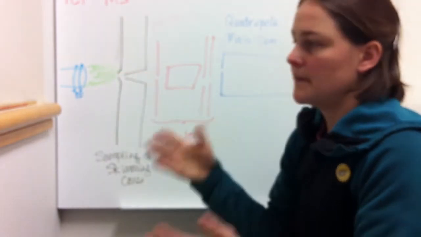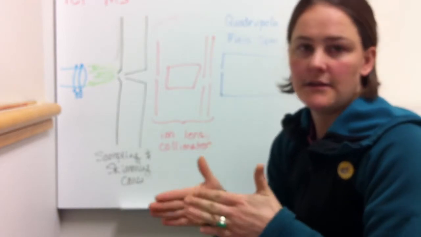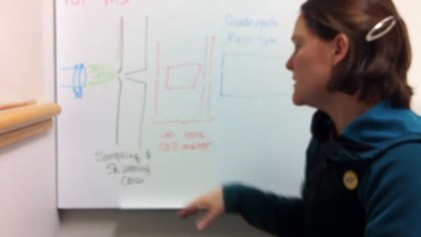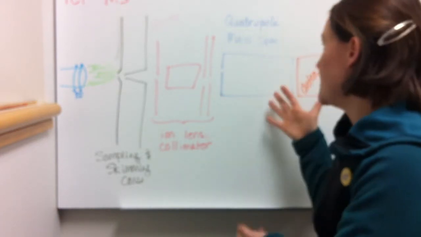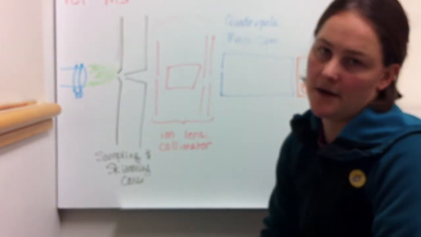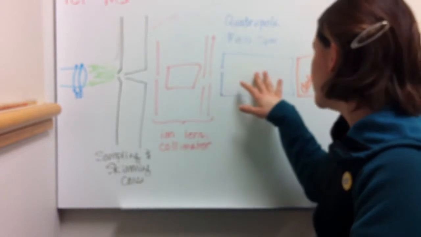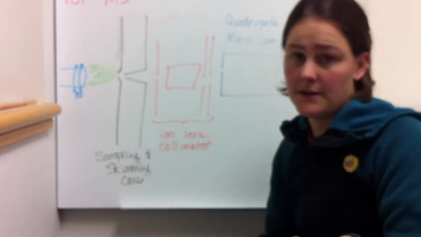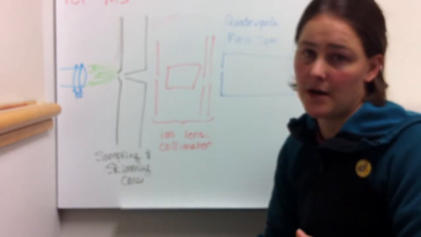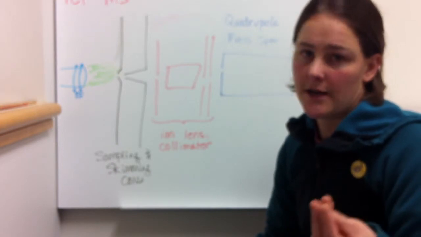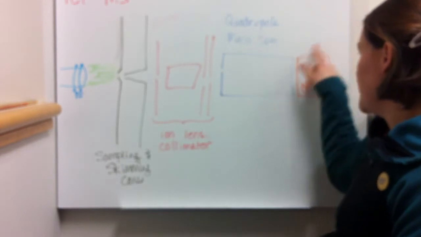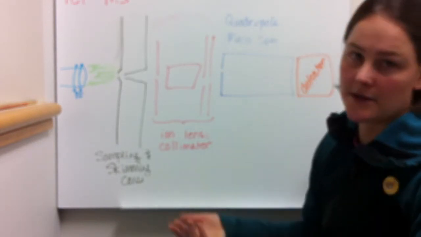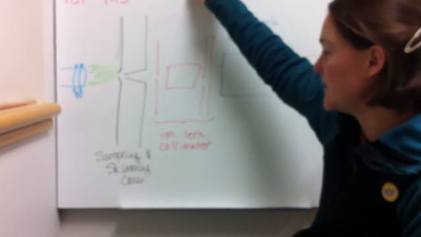The cone collects only a little bit of those, and then you collimate and focus it, get it ready to go into the quadrupole mass spec instrument. So it's not photons that we're detecting this time, but ions with different mass to charge ratios. Then that impacts the detector, and that's what's measured.